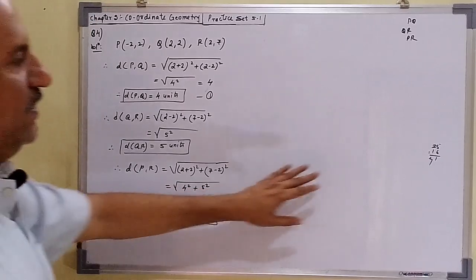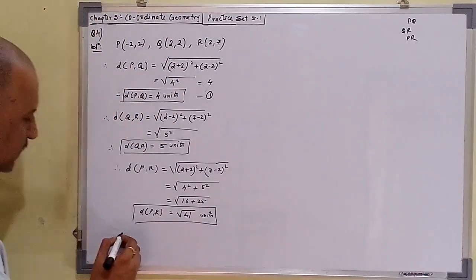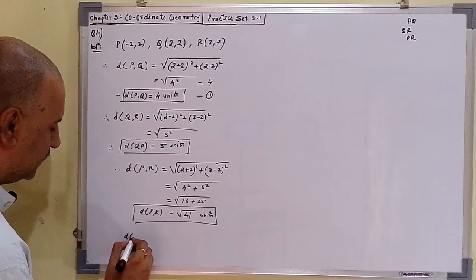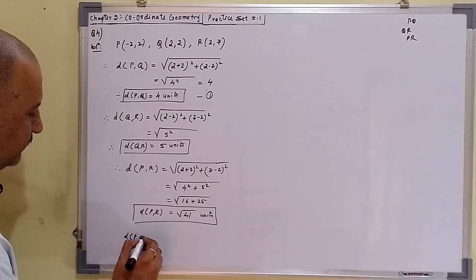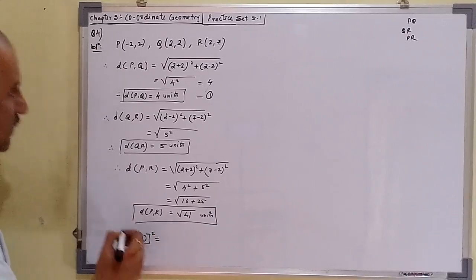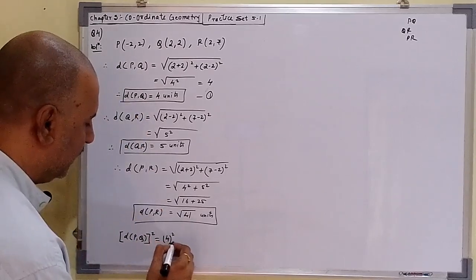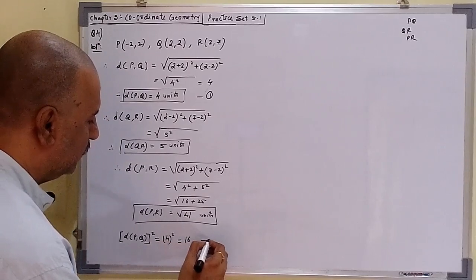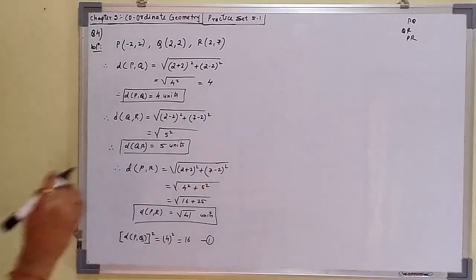Let's start. What is distance PQ square? Distance PQ square will be 4 square equal to 16. Let's call this 1.